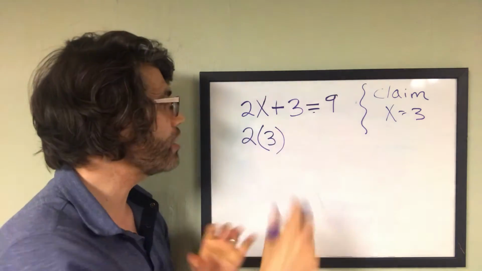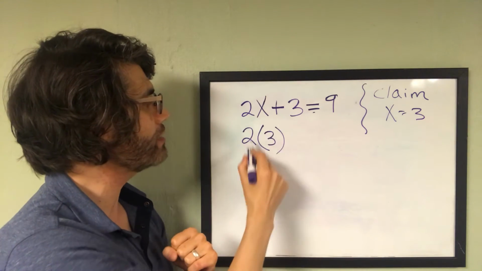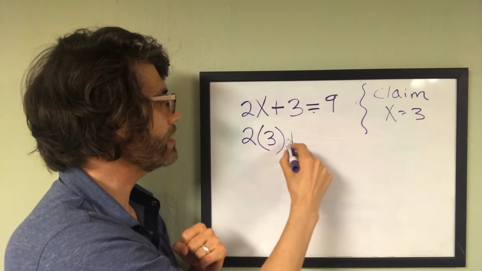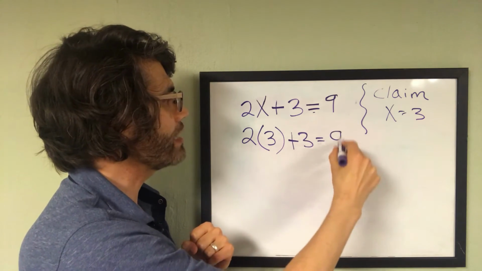Okay? So 2 times x is 2 times 3 plus 3 equals 9. Okay?